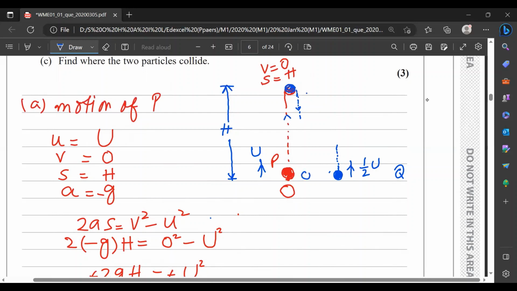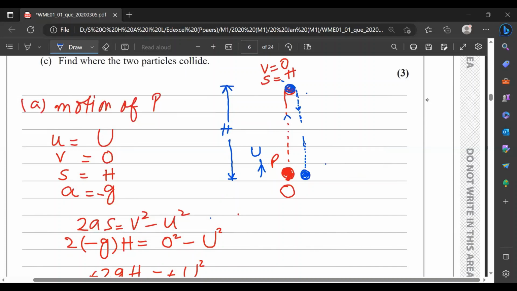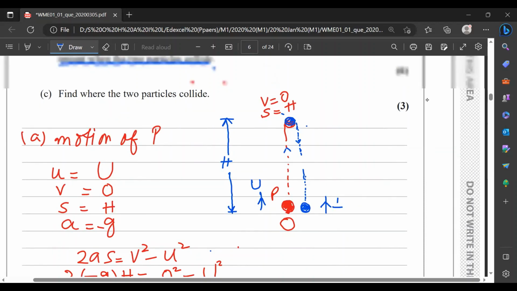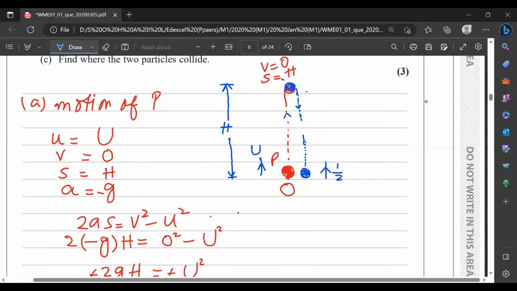If I draw it here, it is moving up, coming down. T is the time taken, and they will collide.